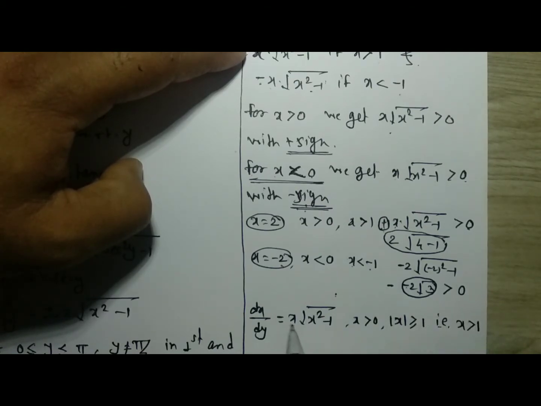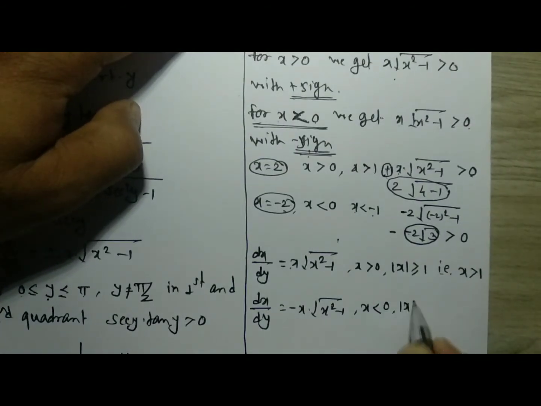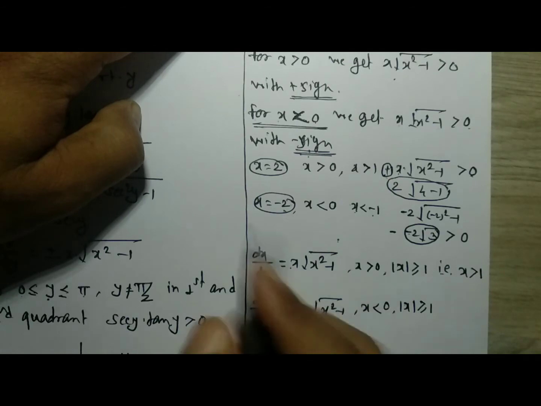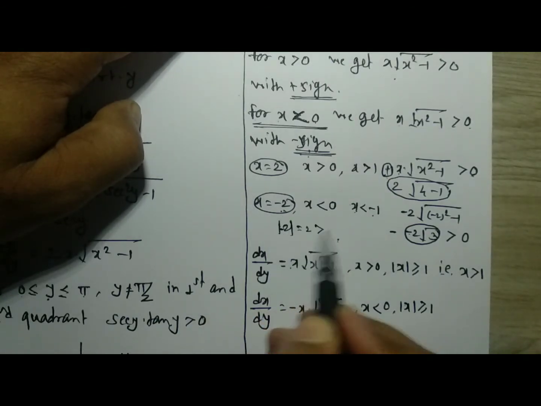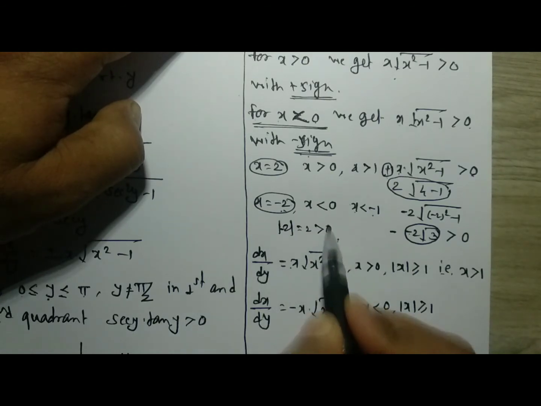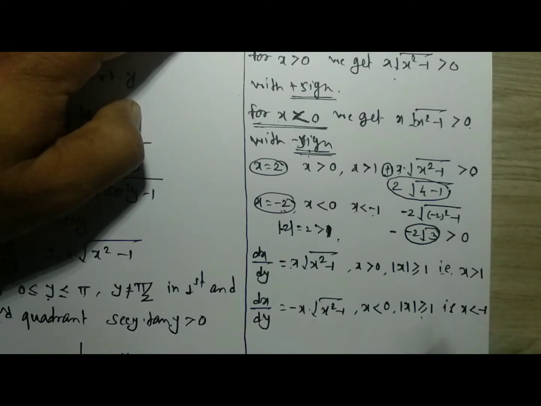At that time it is positive and greater than 0. And dx by dy is equal to minus x into square root of x square minus 1 when x is less than 0, and mod of x is always greater than or equal to 1, because when we take minus 2, mod of minus 2 is 2 and it is greater than or equal to 1, and therefore x is less than minus 1. You will get the consideration of these two.